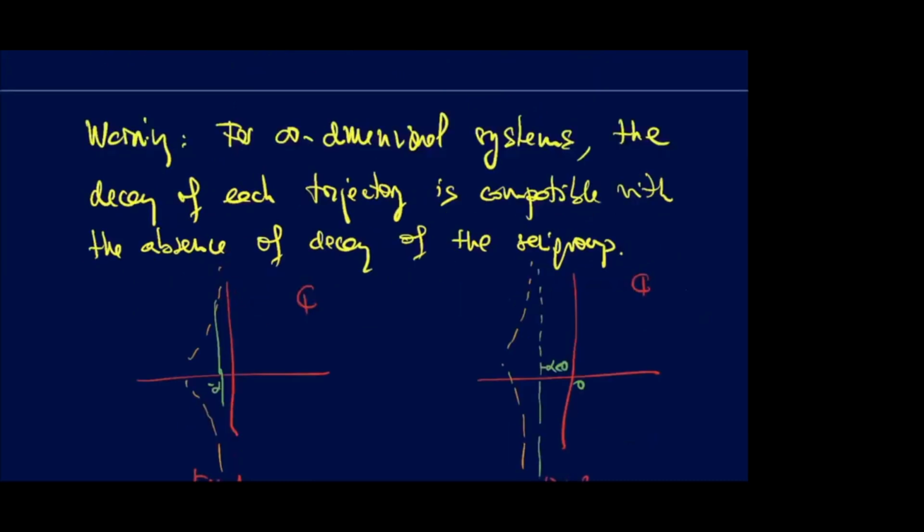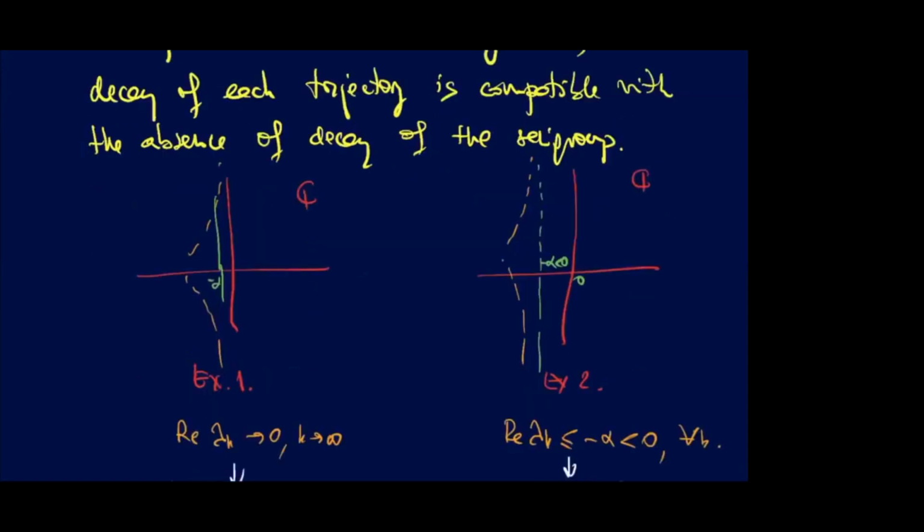Of course, this cannot occur for finite dimensional systems, because for finite dimensional systems, you have finitely many eigenvalues. It doesn't really matter how many you have; n can be very large. But if n is finite, then as soon as all eigenvalues are to the left, they are to the left of some spectral abscissa and you have exponential decay.